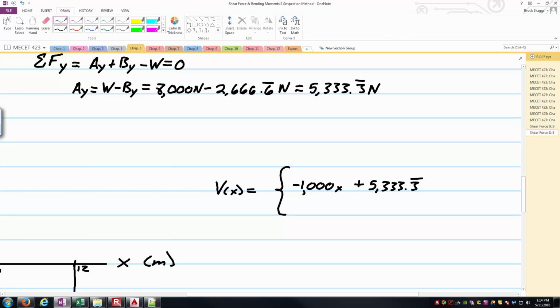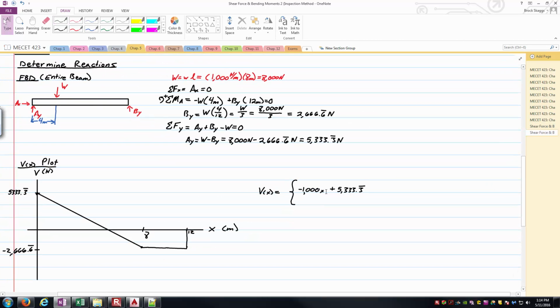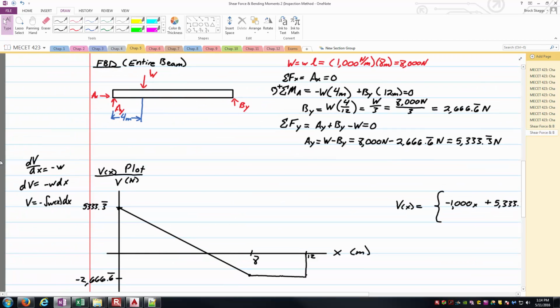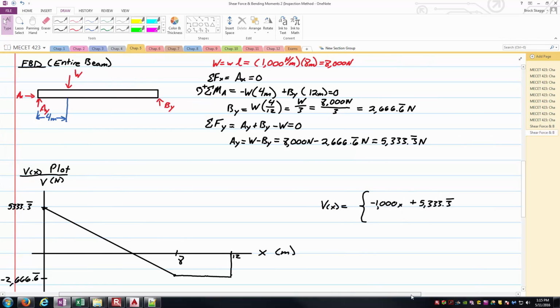So negative 1,000x plus 5,333 and a third is the equation of this line. Notice how knowing these mathematical relations helped us very quickly obtain that. All I would suggest is memorizing the top one here: the first derivative with respect to x, the positional length of the beam, of the shear force is equal to the opposite of the distributed load value at that given point.